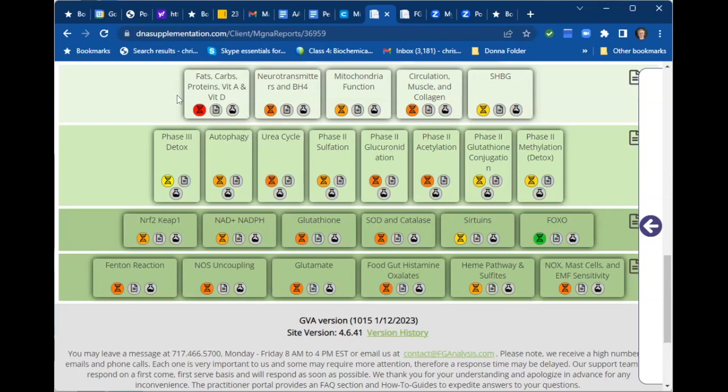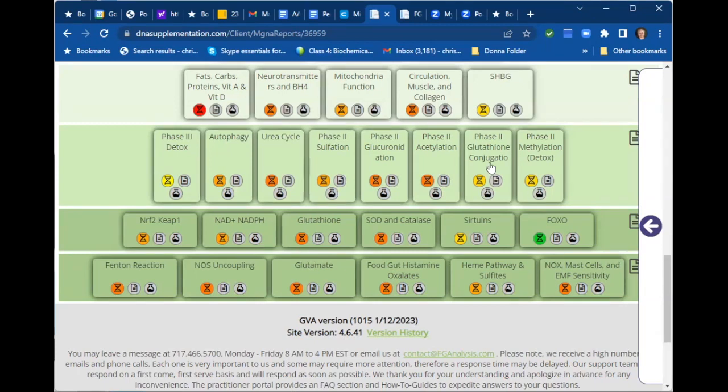Okay, red is bad. Orange is not good. So you've got green, yellow, light orange, dark orange, and then red. How many light oranges and dark oranges do I have floating around here?